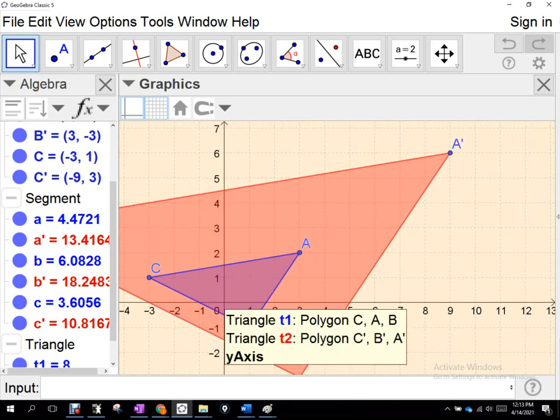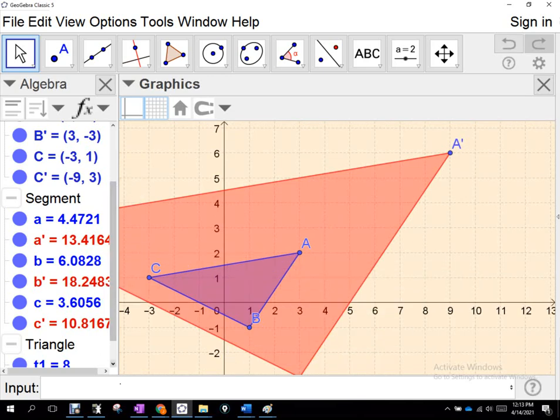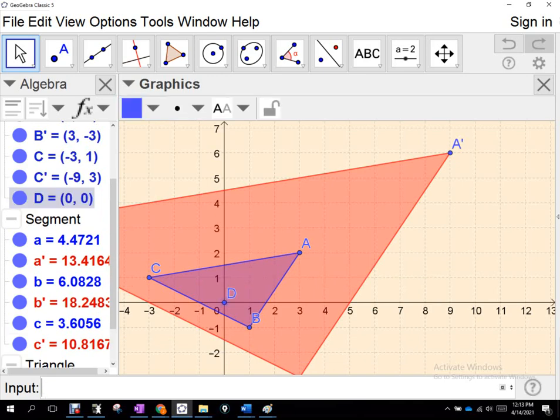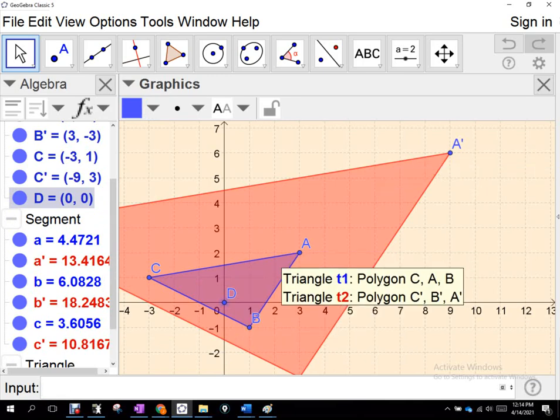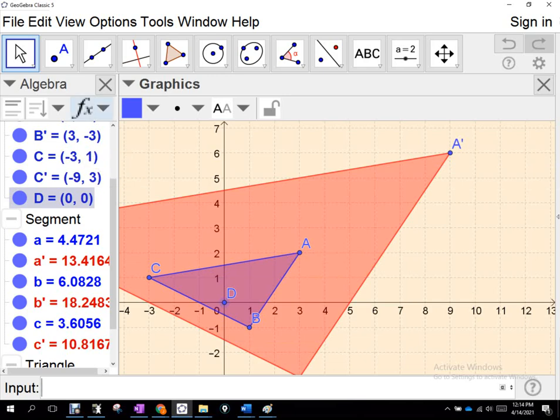Now, the way a dilation works here is to think about this. If I wanted to go from 0, 0 to A, let me put 0, 0 in here real quick. Here's point D. You need to go 3 to the right and 2 up. Our scale factor was 3, so let's use that idea of translations to see how we go from here to there. If I go right 3 and up 2 one time, then right 3, up 2 one more time, and a third time, it gets me to A prime.